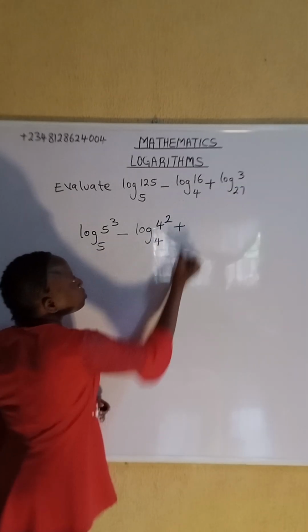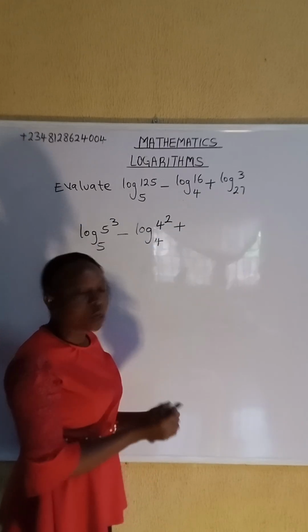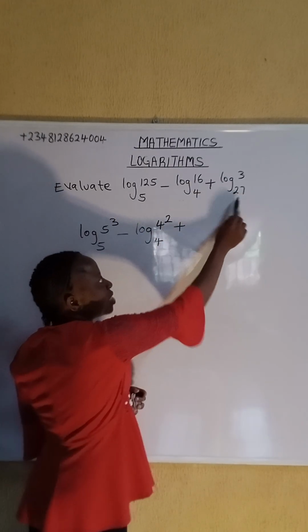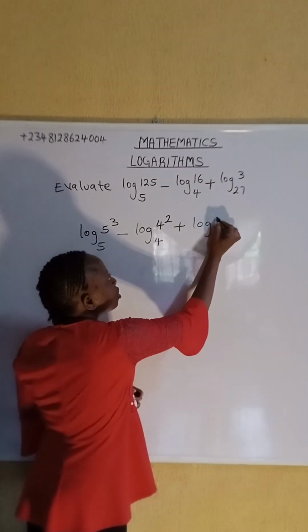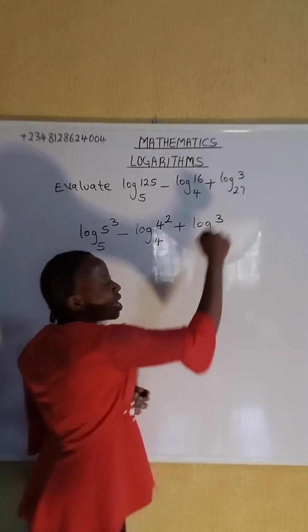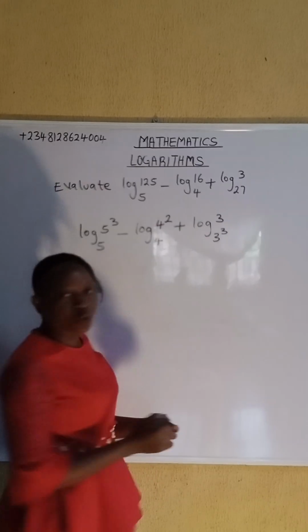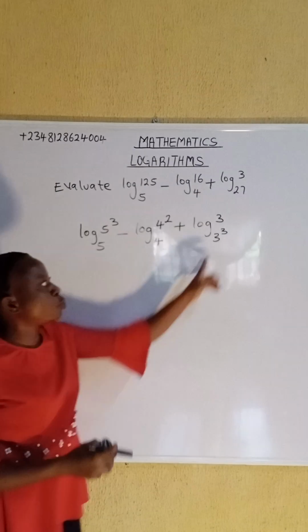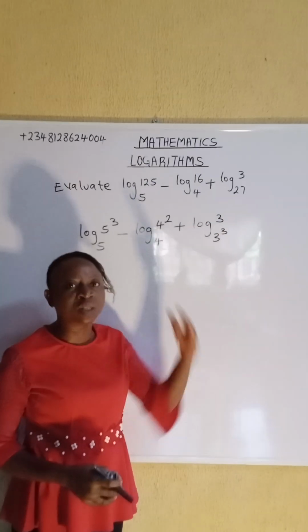Then plus, now the lowest number here is 3. We are going to simplify this 27 to base 3. So that will be log 3. Then 27 to base 3 will give us 3 raised to power 3. So 3 raised to power 3 is equivalent to 27. That is 3 times 3 times 3.